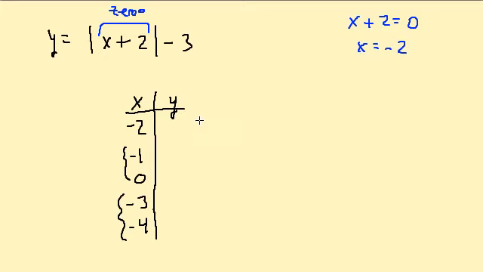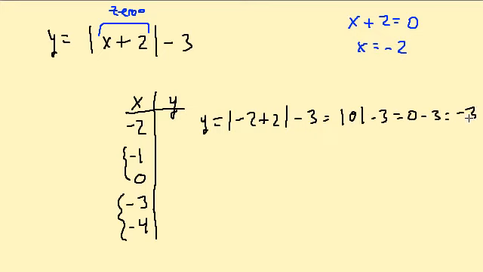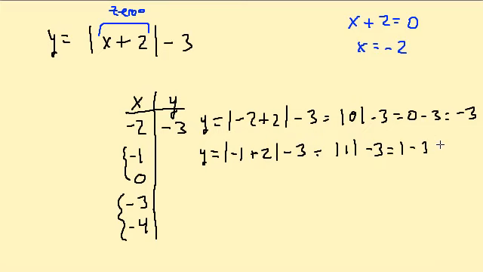So now I get my y values. y equals absolute value of -2 plus 2 minus 3, which would be the absolute value of 0 minus 3, which equals -3. And then y equals absolute value of -1 plus 2 minus 3, which equals absolute value of 1 minus 3, which equals -2.